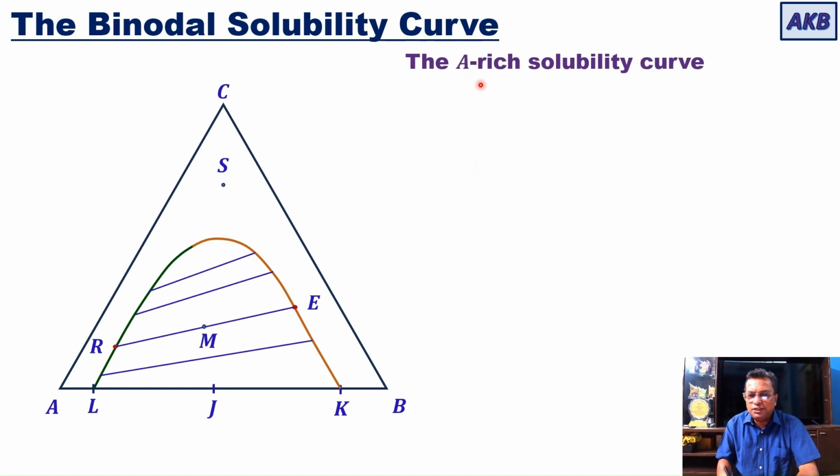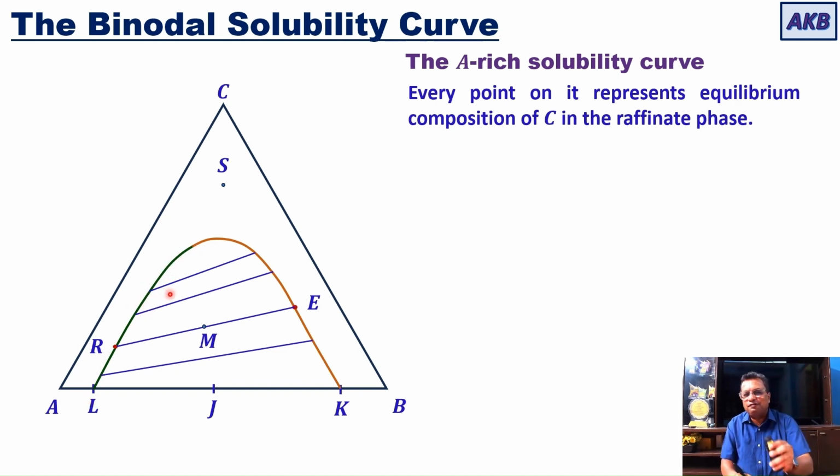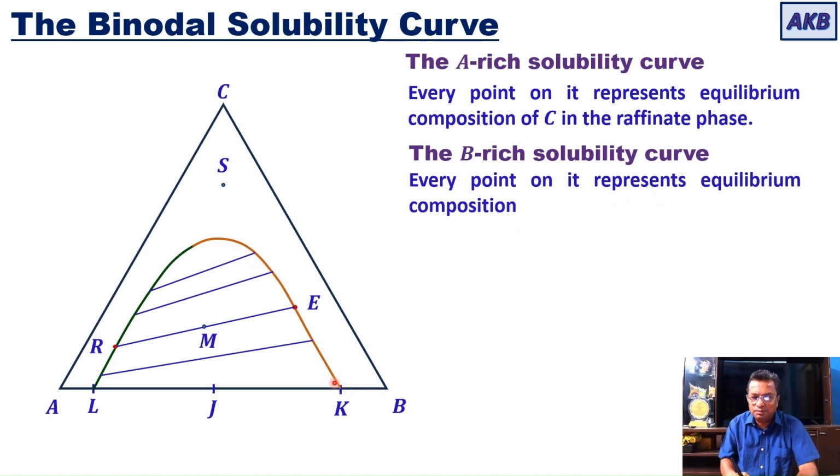Now the A-rich solubility curve, that is the green curve in this diagram. Every point on that curve represents equilibrium composition of C in the raffinate phase. Whereas for the B-rich solubility curve, the brown curve, every point represents equilibrium composition of C in the extract phase.